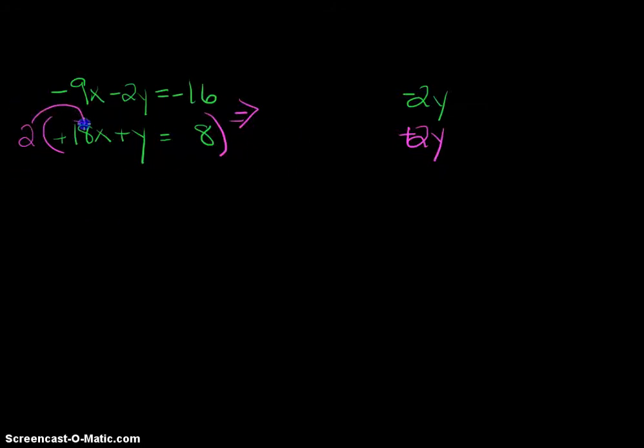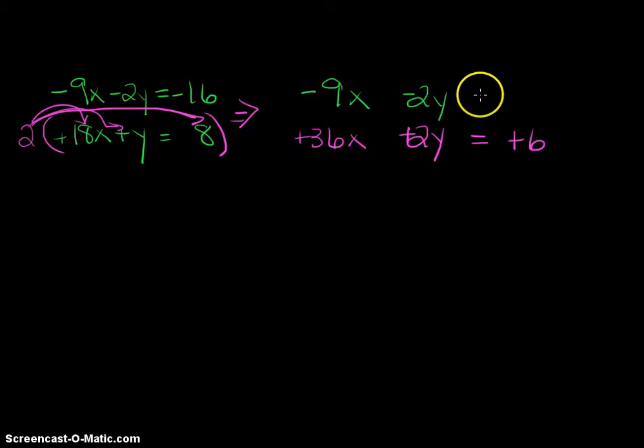So 2 times 18 is a positive 36x. And then 2 times y gives you a positive 2y equals 2 times 8 gives me a positive 16y. And then I didn't make any changes to the top, so I'm just literally going to copy down the top equation.